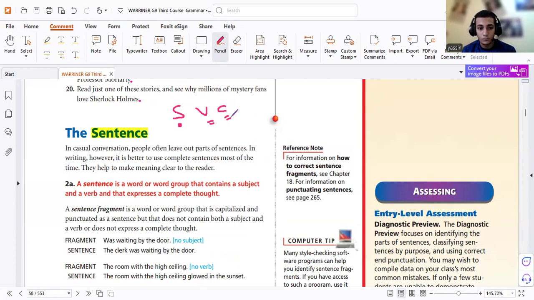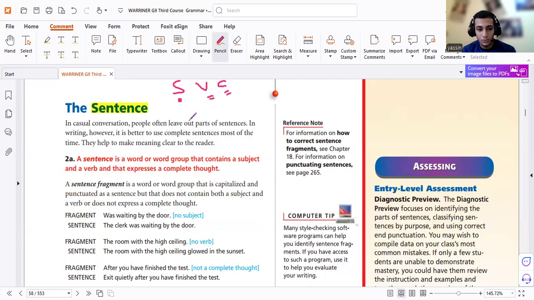What if there is no subject or verb or complete thought, one of them? Then the sentence will not be complete. That means it's not a sentence. Then we call it a sentence fragment, because fragment means a part. So it's a part of a sentence, not a sentence.